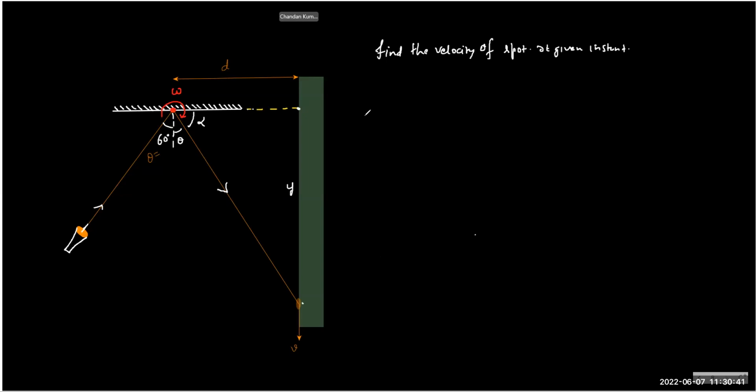Okay, anyway. So you can write here tan alpha equals y by d. This alpha is with respect to the dashed line. Y becomes d tan alpha. dy by dt will be d sec square alpha d alpha by dt. So this is the velocity of the spot.